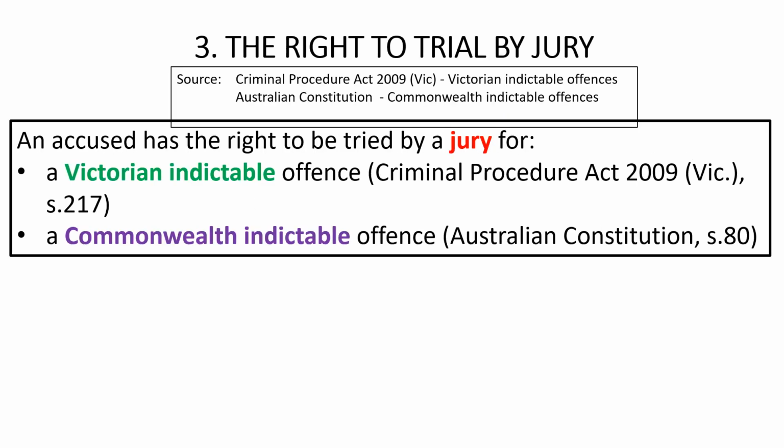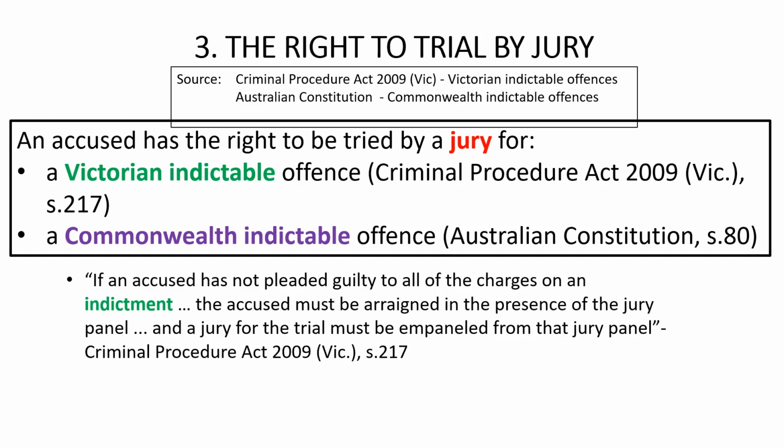This brings us to the third right of an accused as set out in our learning intention, that is, the right of an accused in a criminal case to a trial by jury. There are two sources of this right. The first source is Section 217 of the Victorian Criminal Procedure Act.